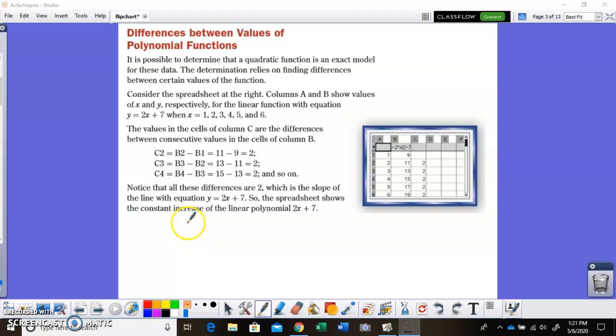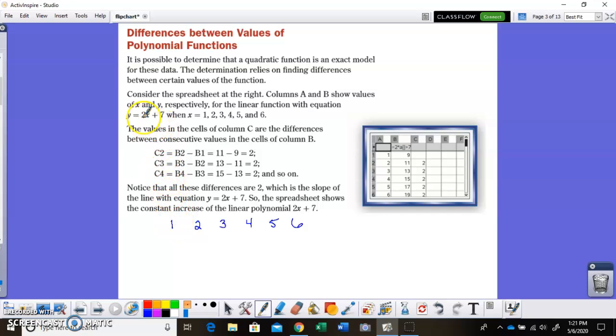The first row is going to represent the x values from 1 to 6. So I'm writing 1, 2, 3, 4, 5, and 6. And the values in the cells for column B are actually going to be the y values for the equation 2x plus 7.